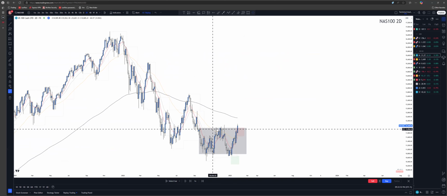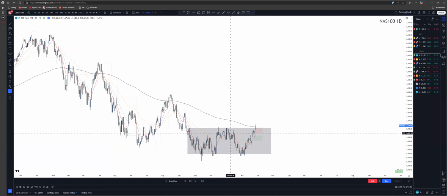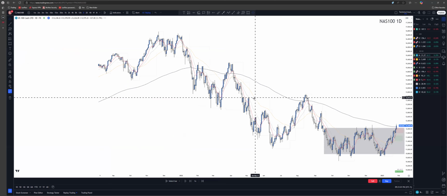Okay, and we see that we break out of the range on the contextual time frame. So contextually, we are bullish. We are in an accumulation model.